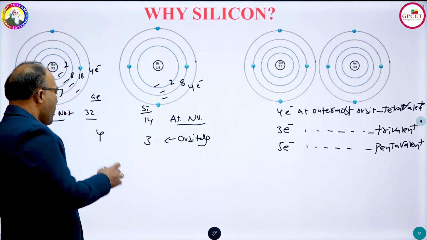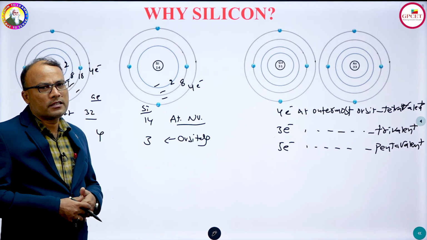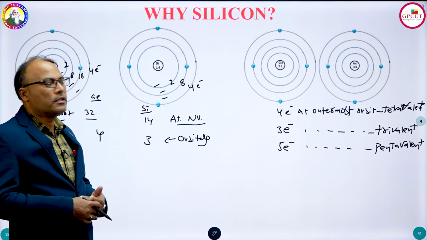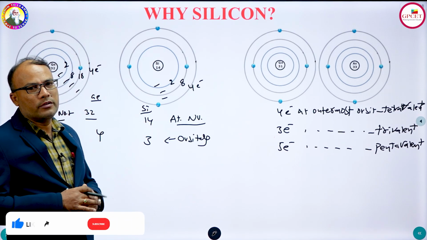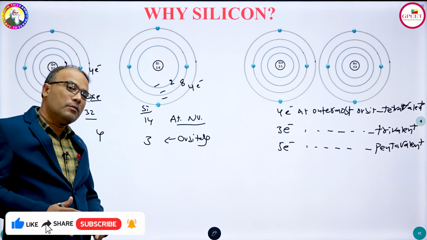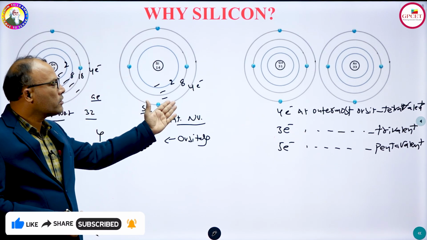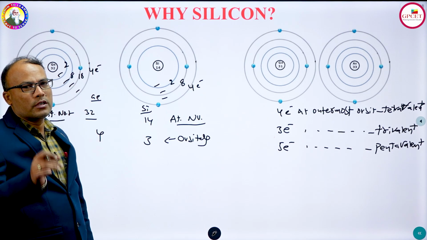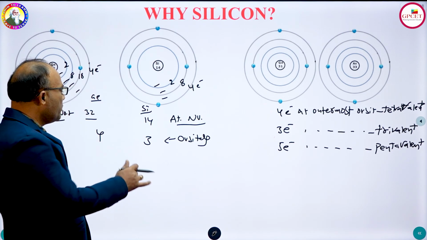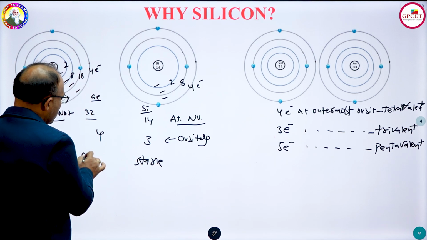As temperature increases, energy increases, and if I apply more energy to the outermost orbit, germanium becomes unstable because all electrons come outside. But in silicon only a few electrons come outside because it is more attracted towards the nucleus. So silicon material is stable, whereas germanium material is unstable.